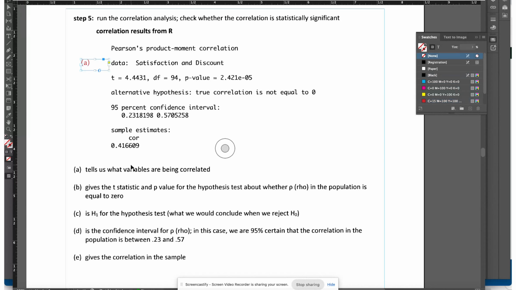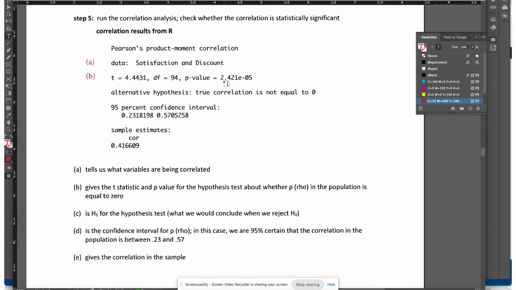A tells us what variables are being correlated. In this case, it's satisfaction and discount. And then B is the next line. This gives us the t statistic using that formula you saw earlier. And then it gives us the p-value based on the t statistic and the degrees of freedom.